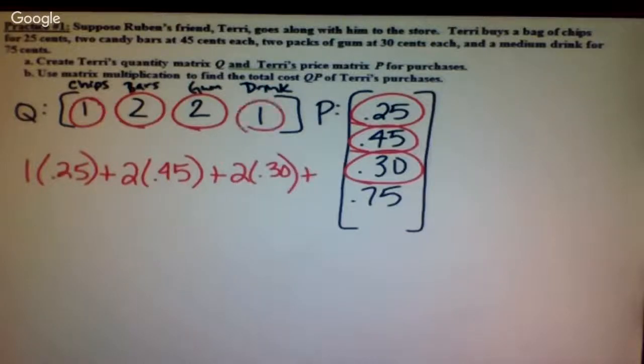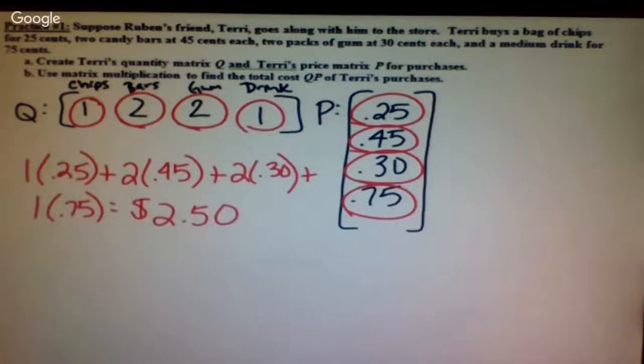And we got one item at 75 cents. I got $2.50. It's 250. 250.